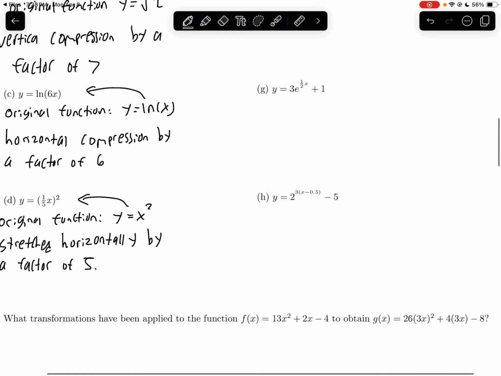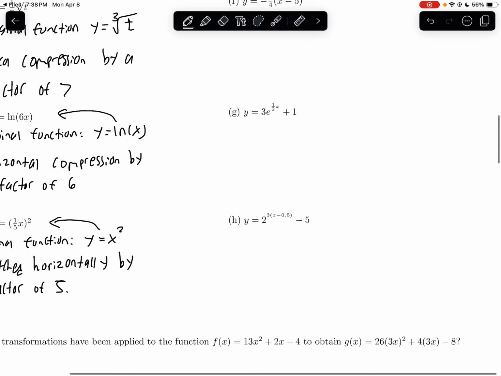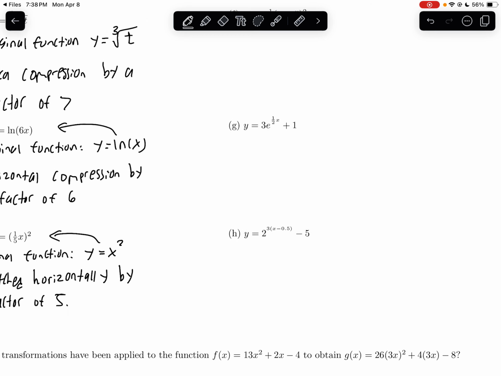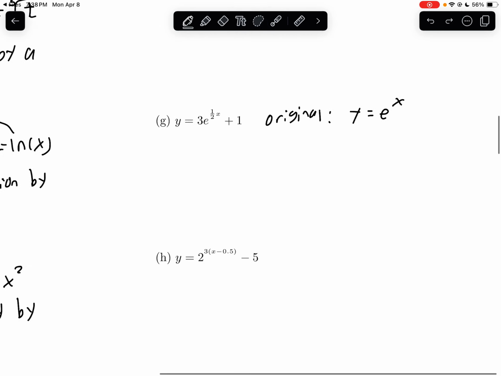Okay, maybe let's do something a little bit more involved. For part G, the original function I think to take is e to the x. If you look at this, there are 3 things happening. We're multiplying by the 3, multiplying the inputs by 1/2 in the exponent, and adding 1 on the end.